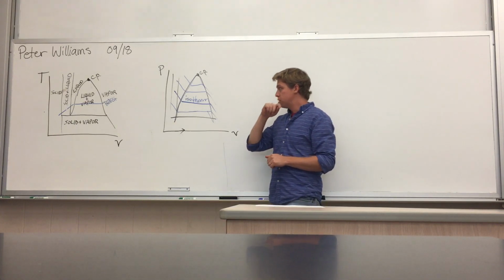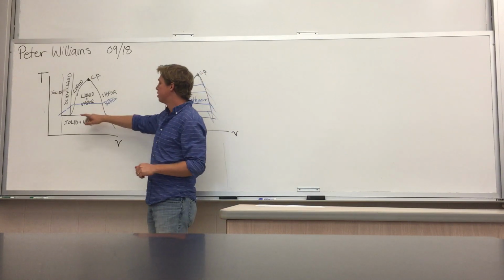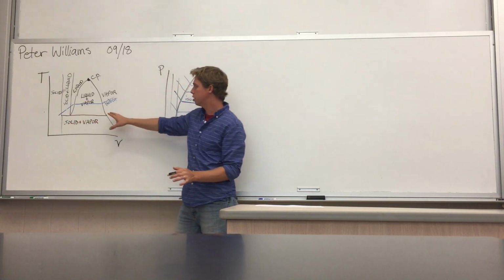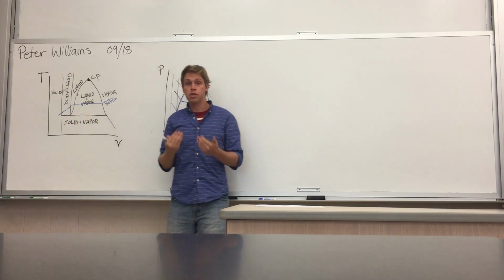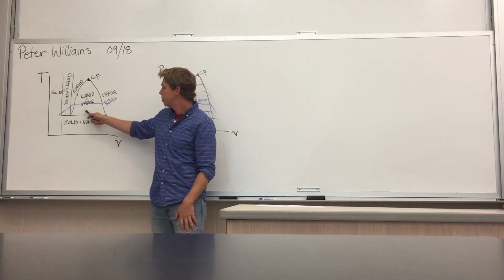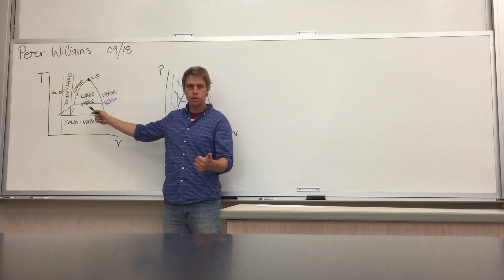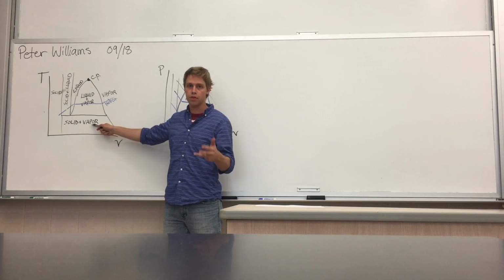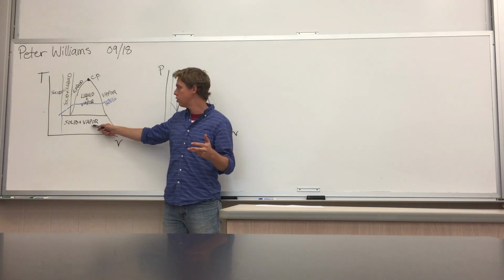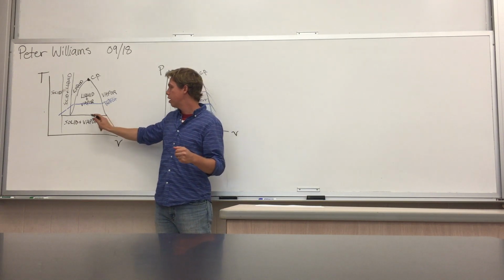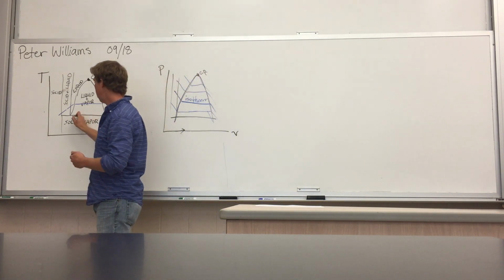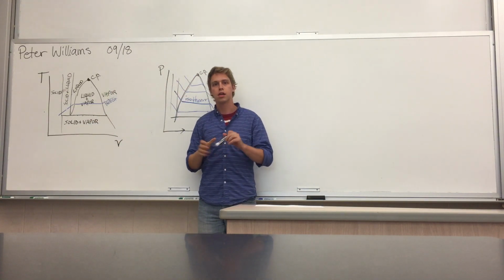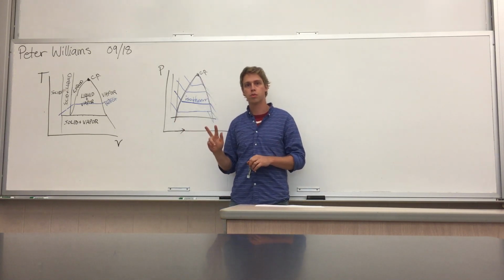Now, what you'll notice on this graph is that there's this line. And that line, I tried to draw a little bit thicker because it's a special line. On this side, we can have substances that are liquids and vapors. On this side, we can have substances that are solids and vapors. Okay? So vapor could be on both sides. But if you're right on this line, any point that falls right on that line, you'll notice that it's touching solid, liquid, and vapor regions.